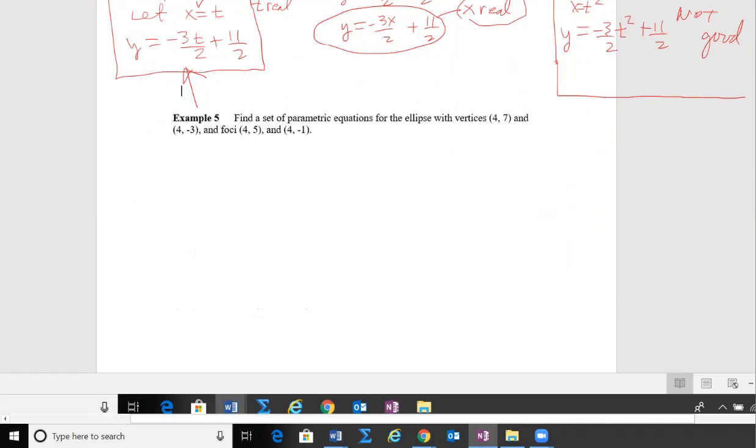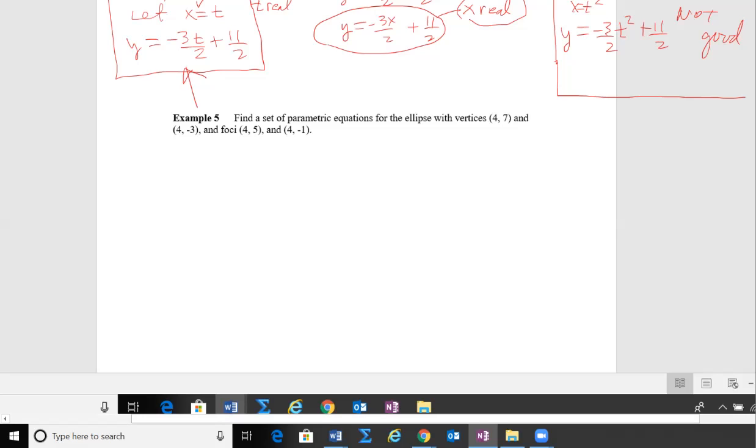Now there's a way to generalize this whole process, but we do need to figure out a few things first. At a minimum, finding those parameters A and B for the ellipse. We would definitely need those, and H and K. It can be systematically done, but what we'll do is this.